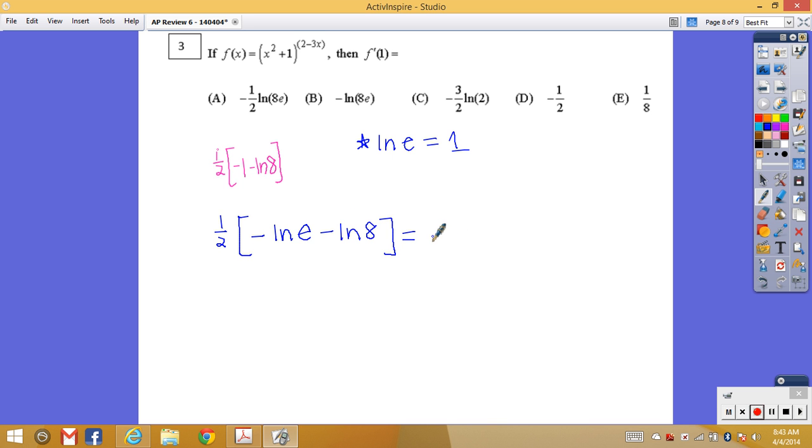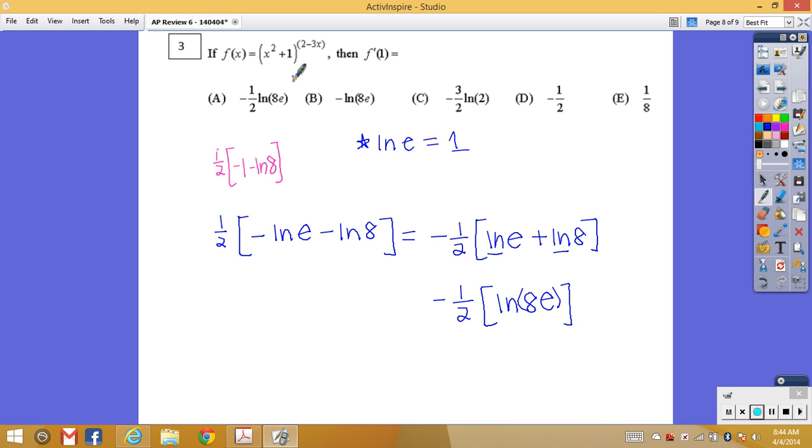But what I wanted to do was take out the negative. And then I know that if this is an addition, to combine 2 ln's with an addition, I can do a product. 8 times e. And that is letter A.